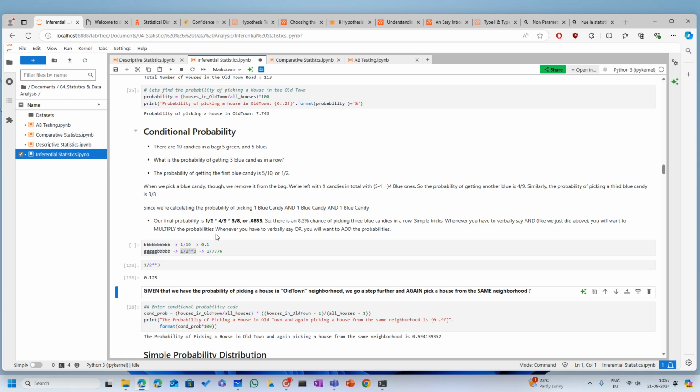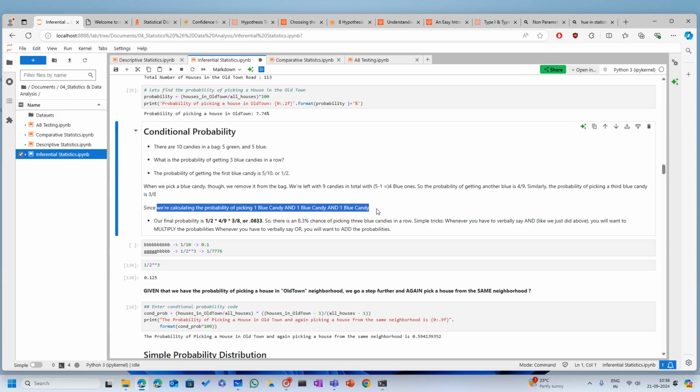But because you're... okay, this would have been for... there is a little confusion here about how they are calculating the probability. Okay, let me see. The probability of taking the blue candy repeatedly is what is being calculated.